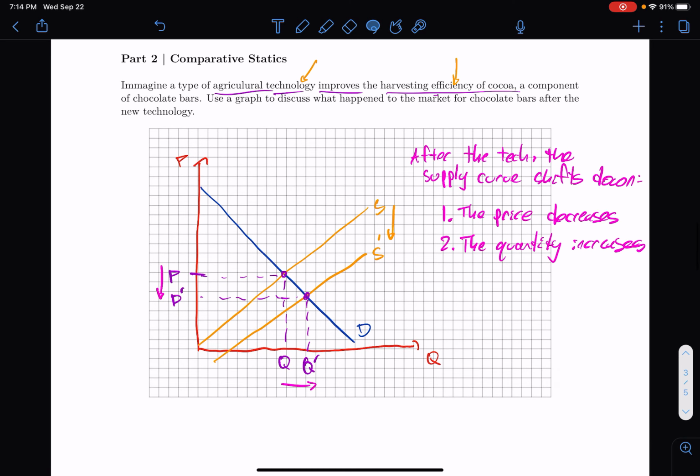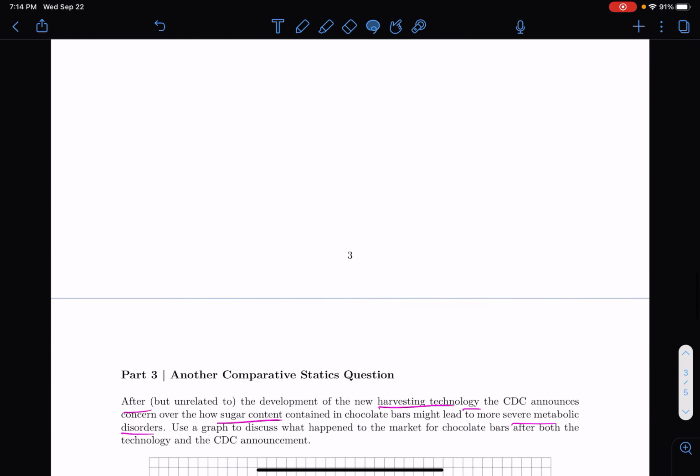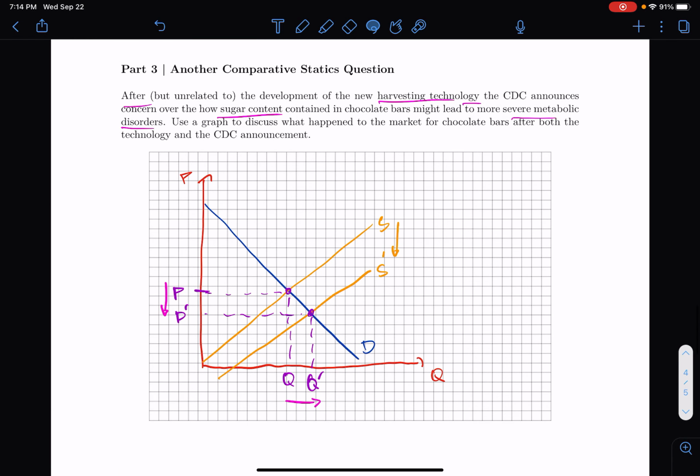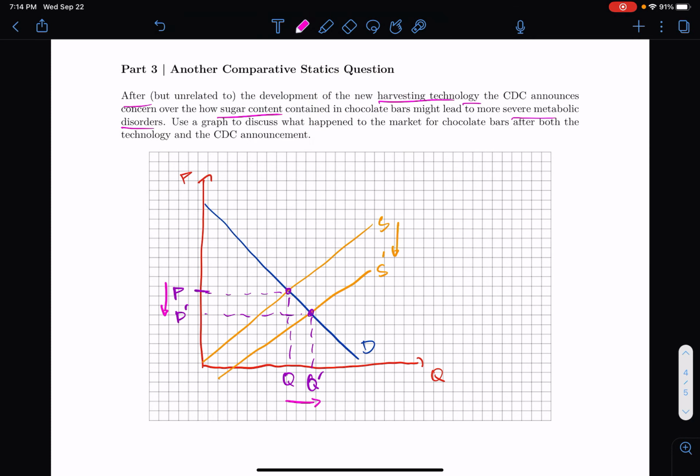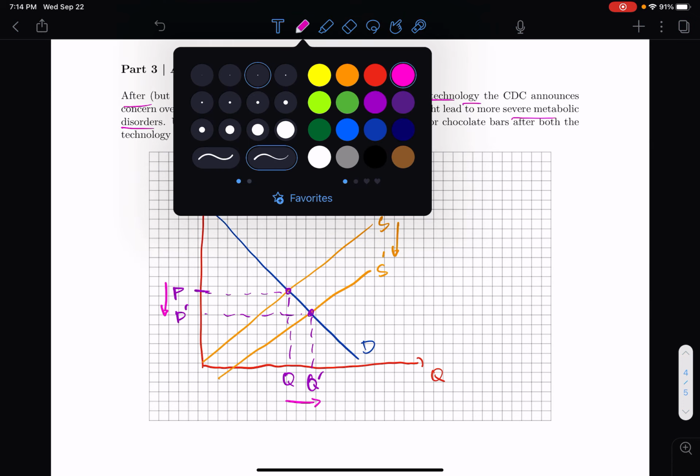That's not a horrible thing to do. But I have the technology, so I'm going to use it. Okay, so we're asked about this CDC announcement.